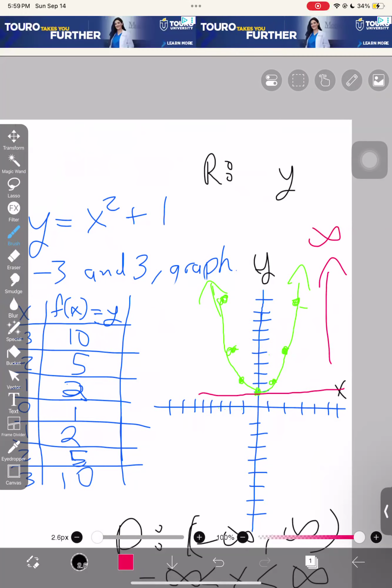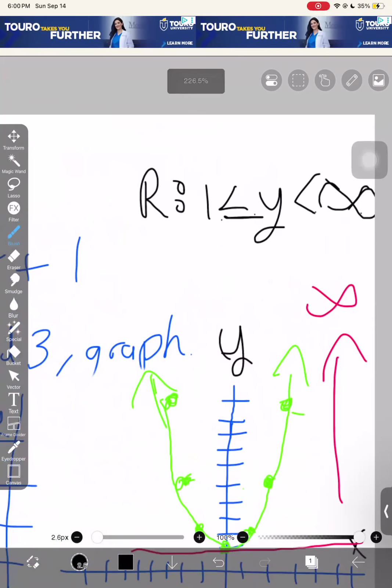So that would mean that my range is between 1 and it could be 1, so it's less than or equal to infinity because it grows. Okay, and then in interval notation, it would be bracket 1, comma, infinity, close parenthesis.